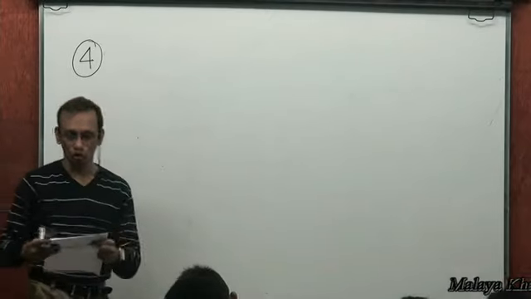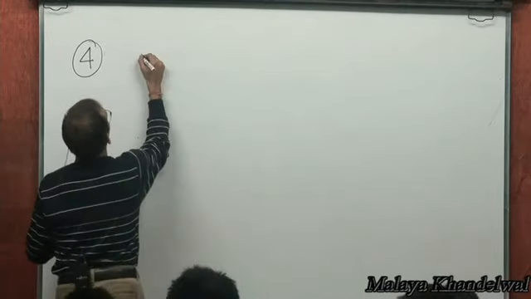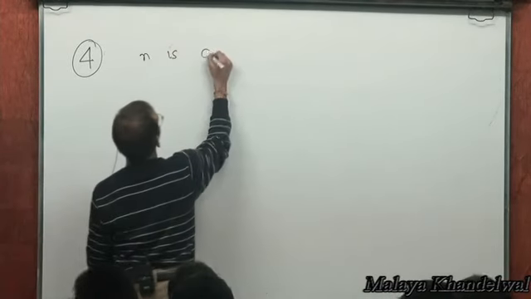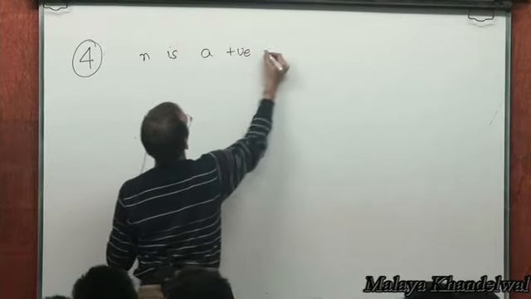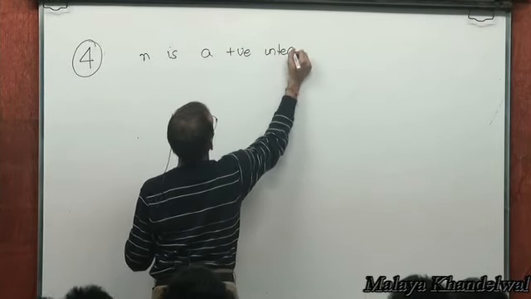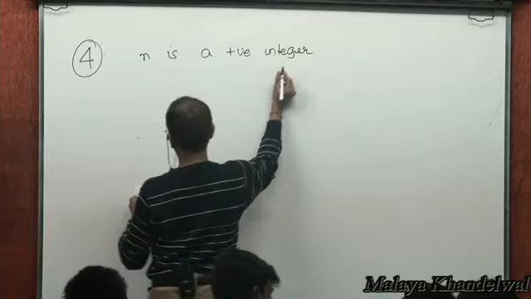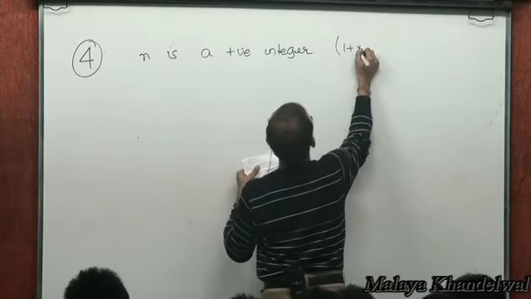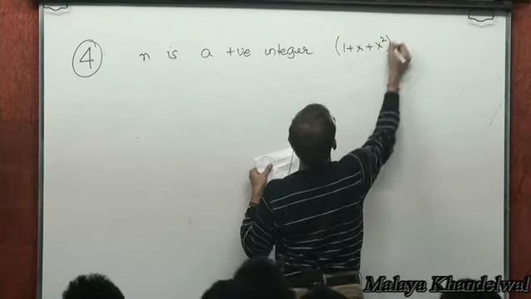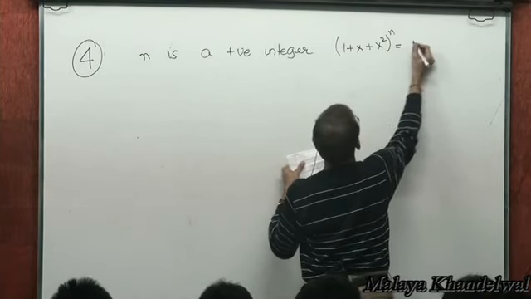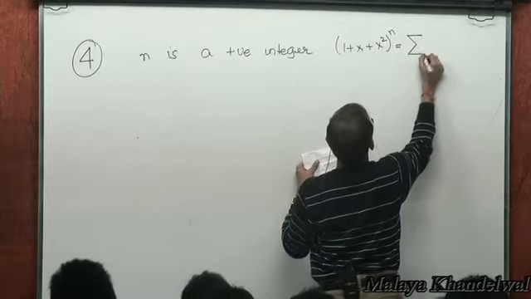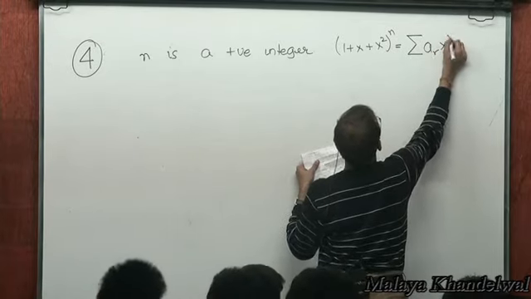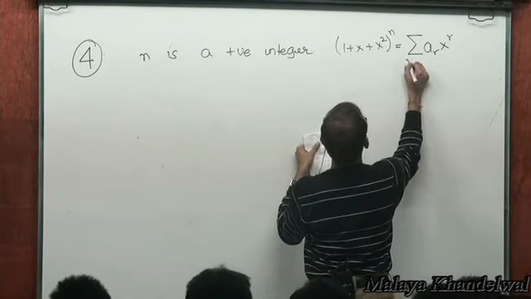Let me explain 4. n is a positive integer and (1 plus x square) whole to power n is summation a_r x power r, r equal to 0 to 2n.